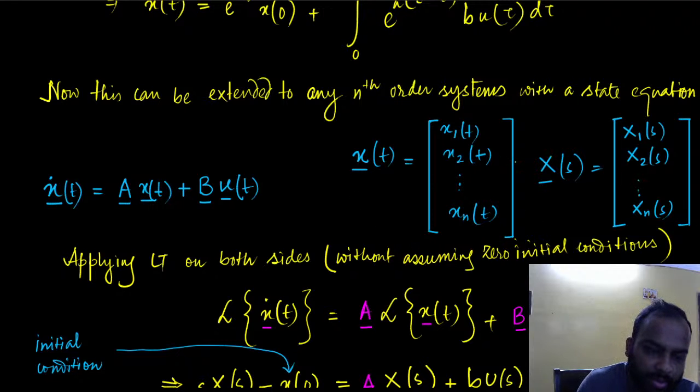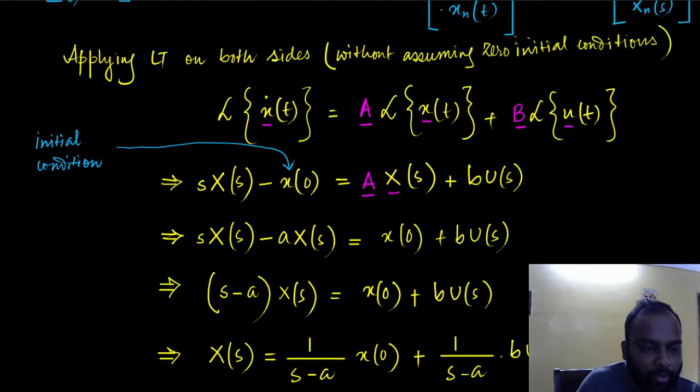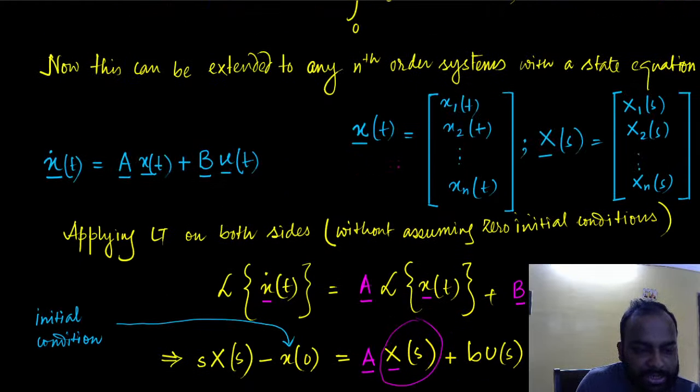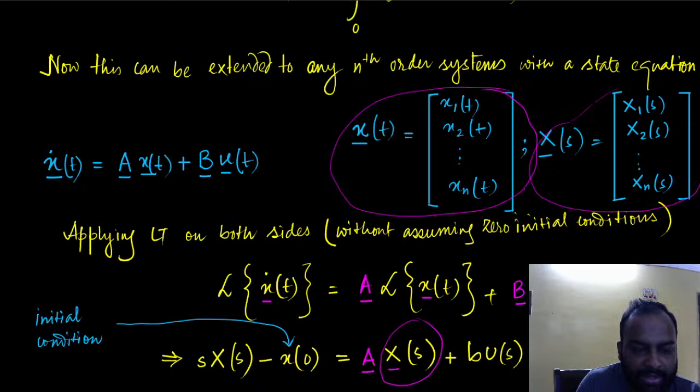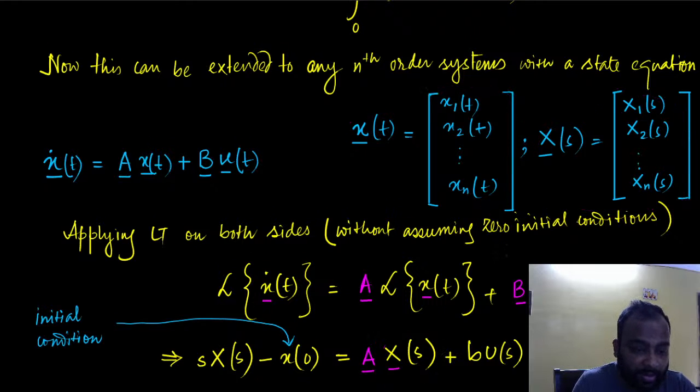So this is the Laplace transform of the individual terms present in x(t), and together they become the Laplace transform of the vector x(t), which is X(s).